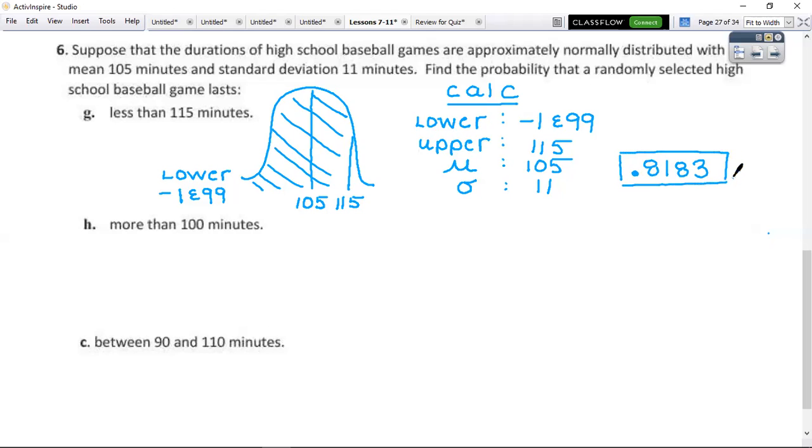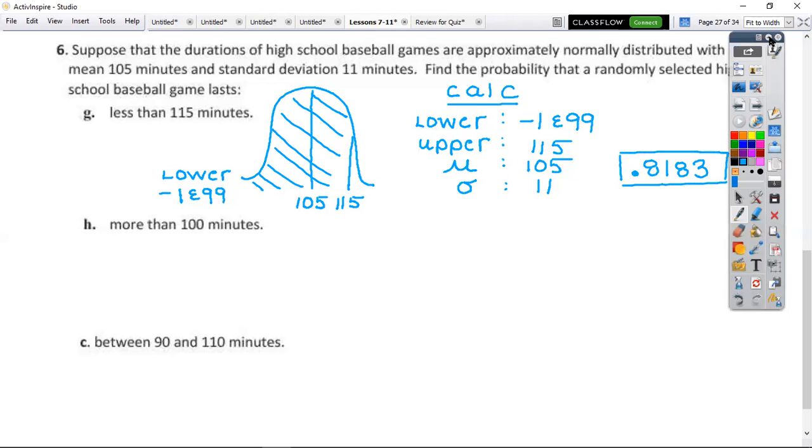All right, next case. So for letter H, I am now looking for where am I more than 100 minutes. So once again, I'm going to draw my normal distribution. I am going to label my mean, which is right towards the center because this is a symmetric distribution.